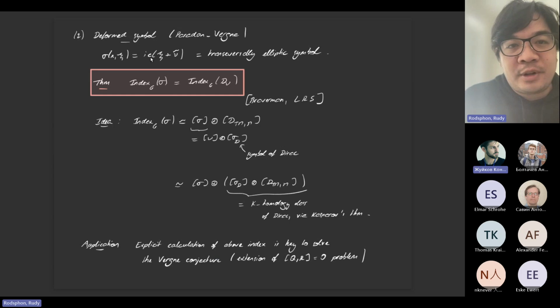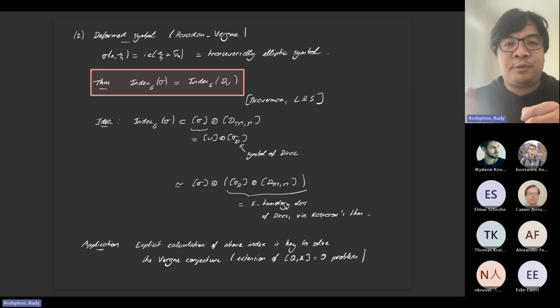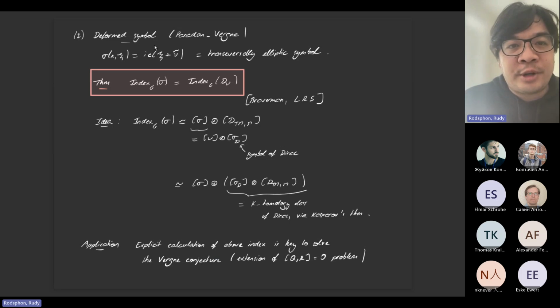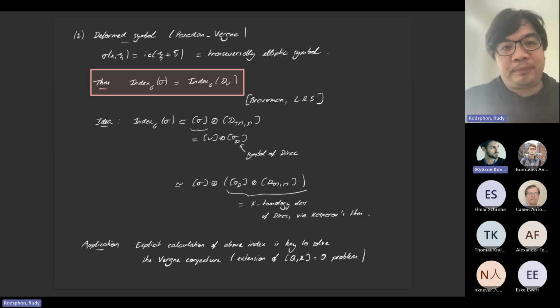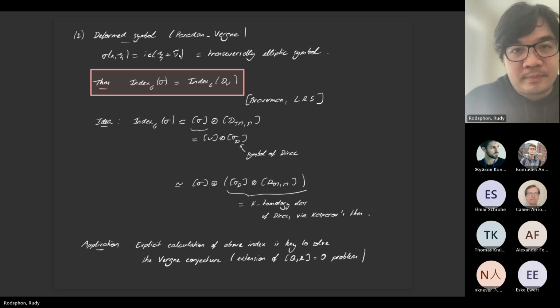Here you have a moment map for the group action, which we call mu, and from there you can build a vector field that just goes in the orbit directions. Now you take the symbol of the Dirac operator and perturb it with this orbital vector field. This way you get a transverse elliptic operator.